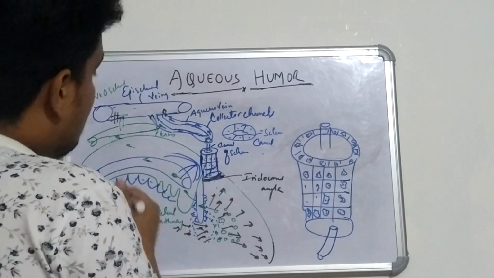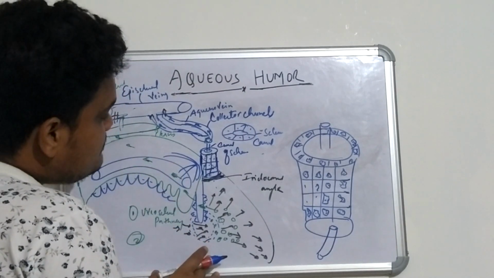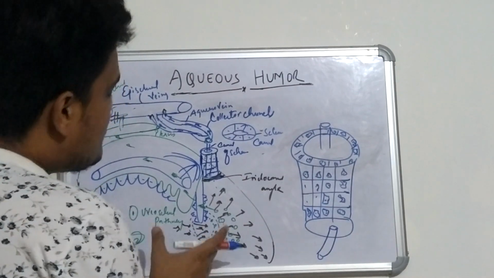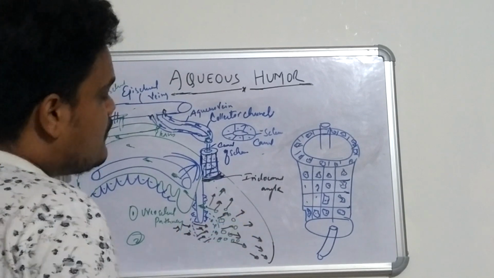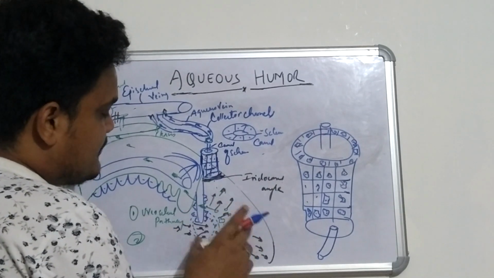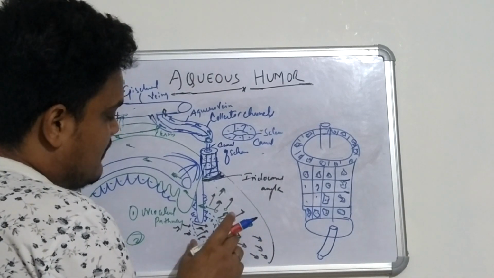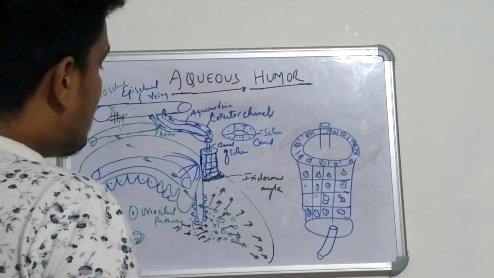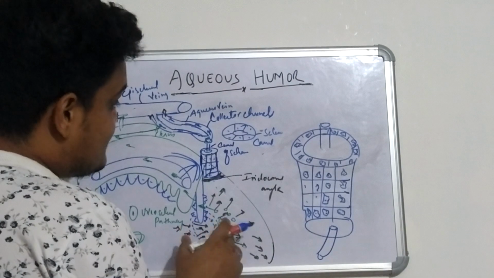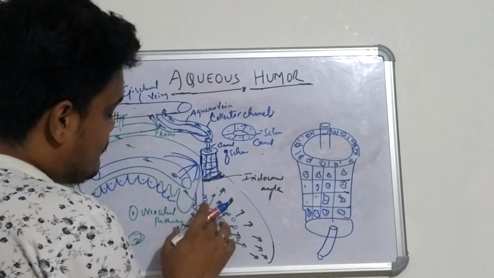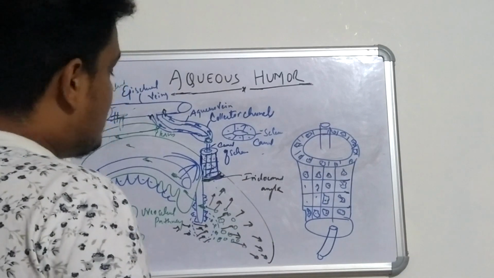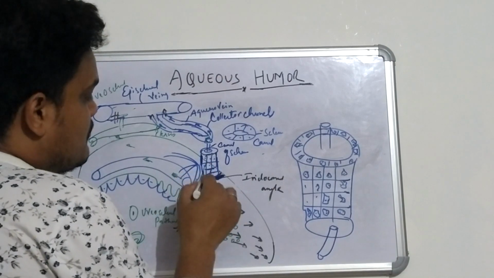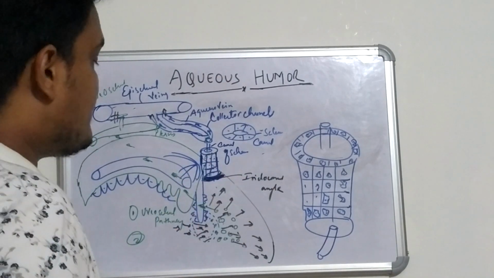Okay. So here we need to consider one thing: if the amount of cell debris, waste products, or any kind of WBCs and RBCs in the aqueous humor, which makes it unclear, exceeds the macrophages' capacity to engulf it, there will be chances of obstruction here.